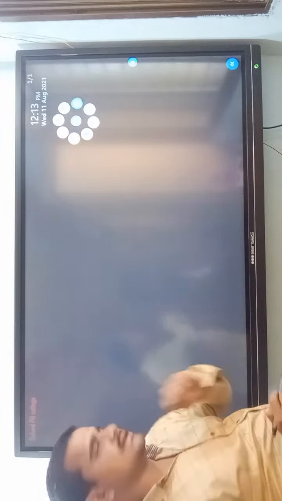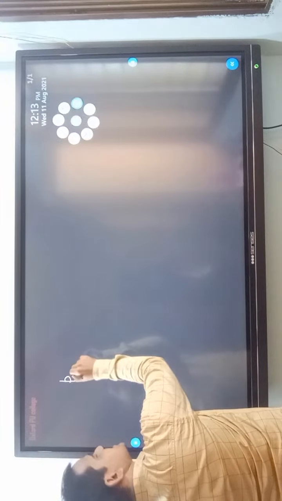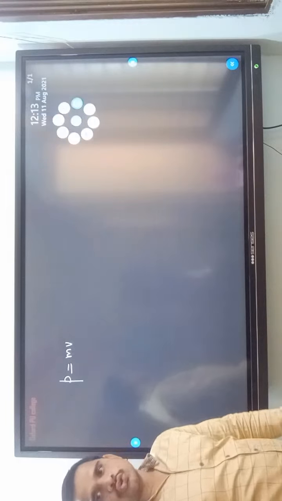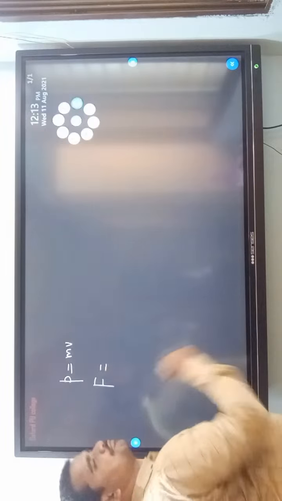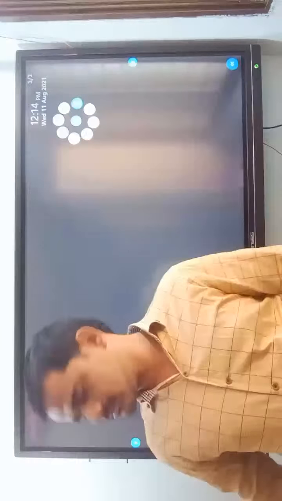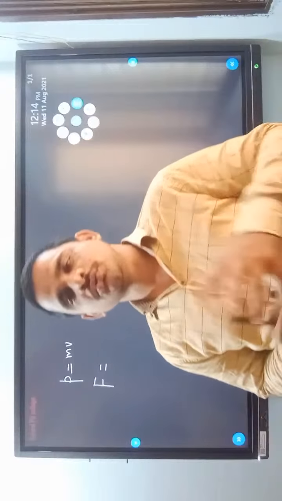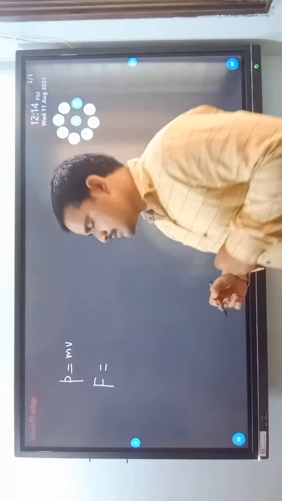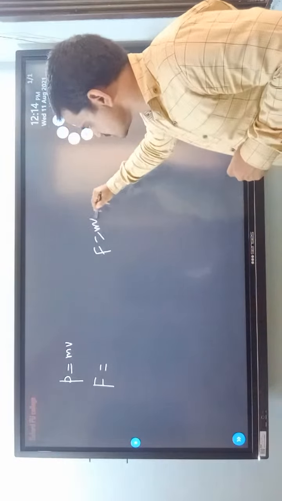Now what I want to say here is force. Linear momentum, as we have seen in the last class, is mass into velocity. If I ask the definition, what is a force? Many will answer that force is mass into acceleration.